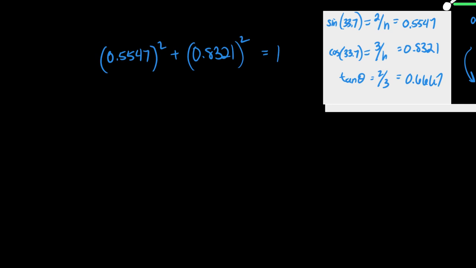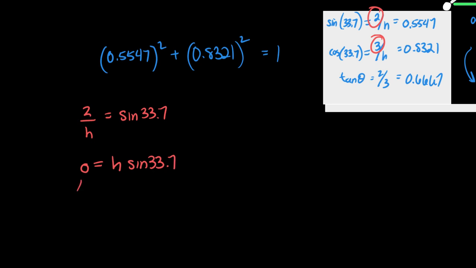I want you to see something. You may appreciate it. You may not appreciate it. We'll find out. Okay. The 2 is the opposite side, right? And the 3 is the adjacent side, right? So follow me on this. 2 over h equals sine of 33.7, but that means that the opposite side equals h times sine of 33.7.